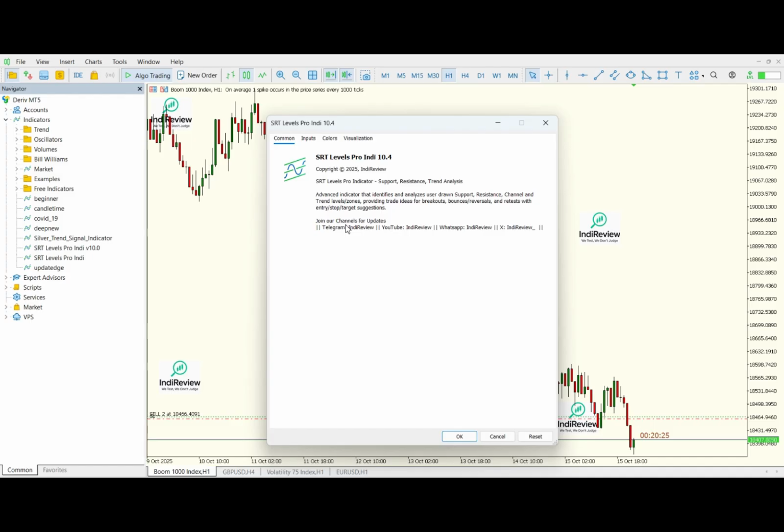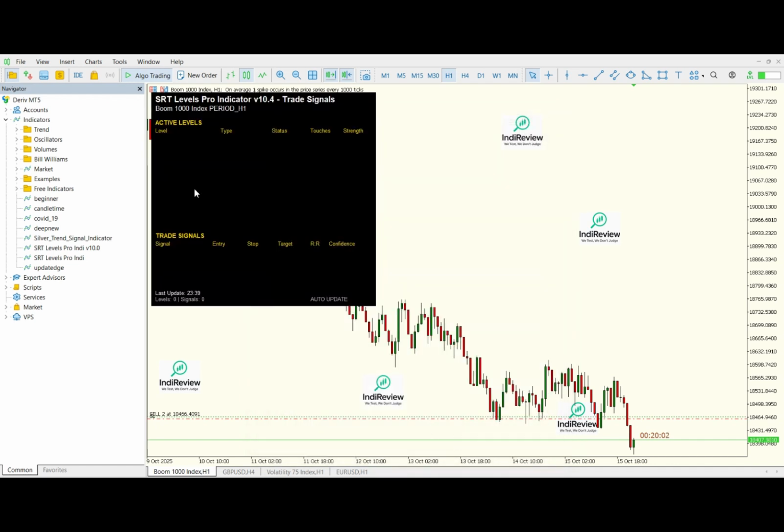With the previous version of the EA, it could only trade horizontal lines and trend lines. But with the current version, it trades channels as well. Right, so this is the indicator. There wouldn't be any trading with this, it's just the indicator.